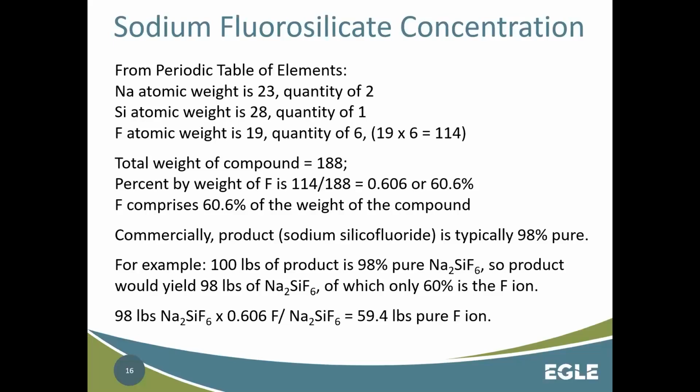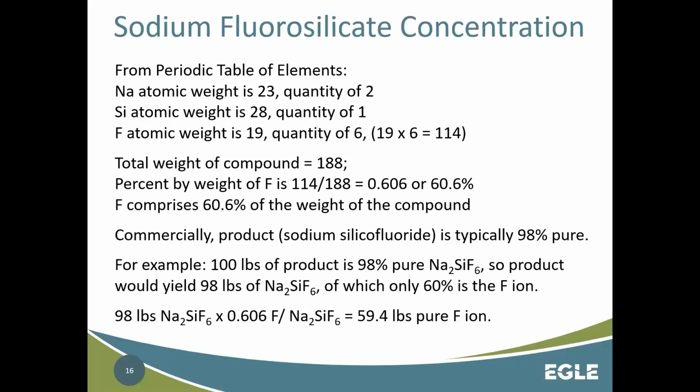So when we find the atomic weights on the periodic table, we multiply the sodium by 2, the Si by 1, and the fluorine ion by 6. And we come up with a total of 188 for that compound. 114 divided by 188 is about 60.6% fluorine ion in that compound.